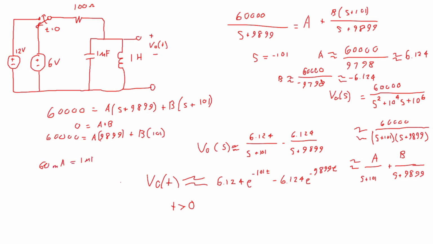So this is 1 microfarad times Vc prime of t. So if we divide the 60 milliamps by 1 microfarad, okay, so the micro, we get an extra 10 to the third. And so then it's 60 times another 10 to the third. So the rate of change of the voltage on this capacitor is 60,000 volts per second.